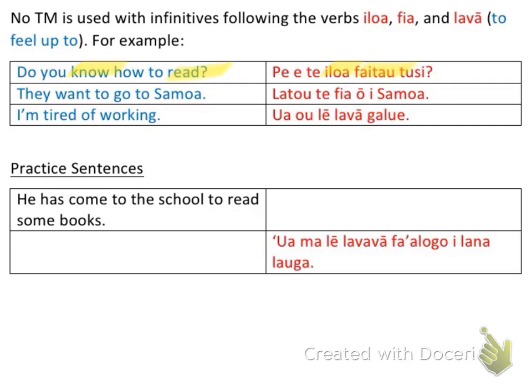So basically what I'm saying is this want right here comes first, so that will come first, and then go came second, so then go will go after. Let's see if that works. In the next one, I'm tired of working. Tired comes first, and then working comes second.